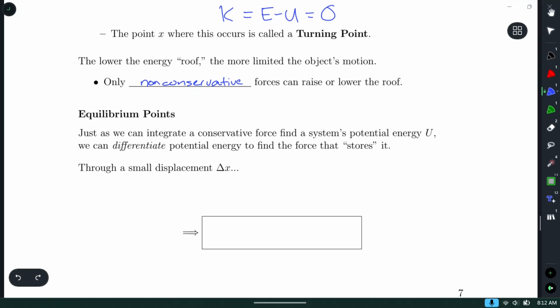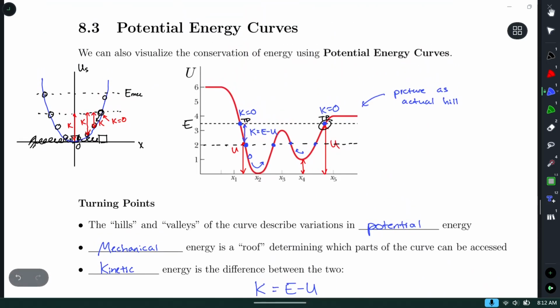So we had already found that to get the potential energy, at least the change in it for any conservative force, it is negative the integral between two positions of that force. Now my problem is I know potential energy. I want to find the force associated with it. I know this curve. Tell me about the forces.